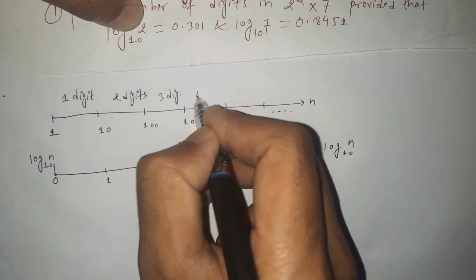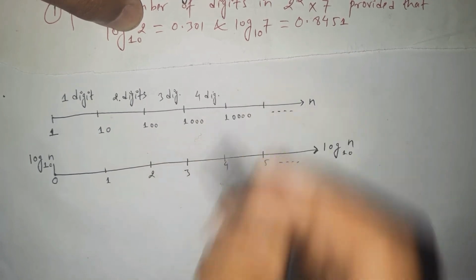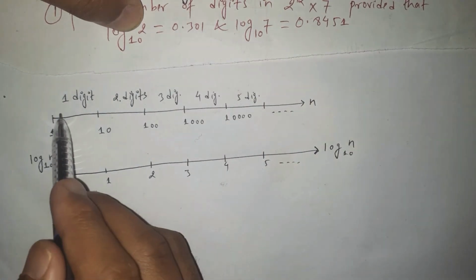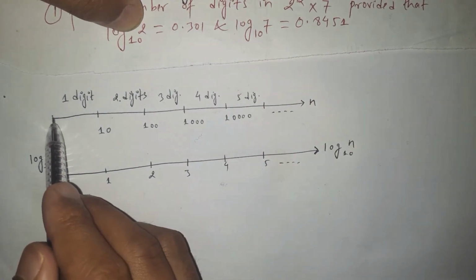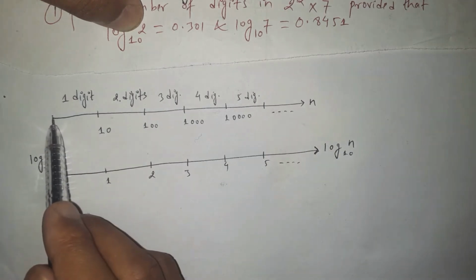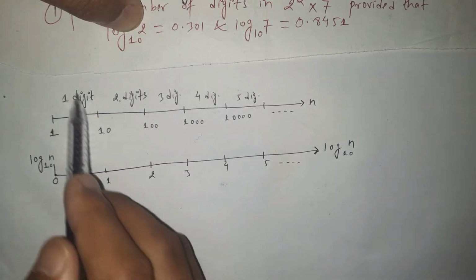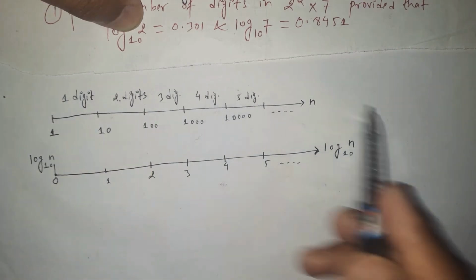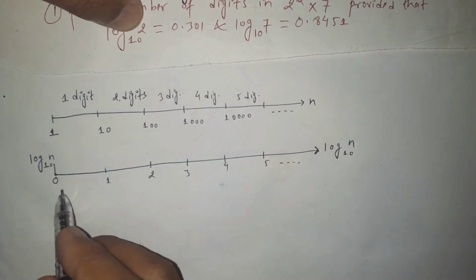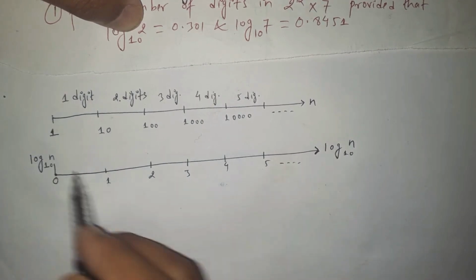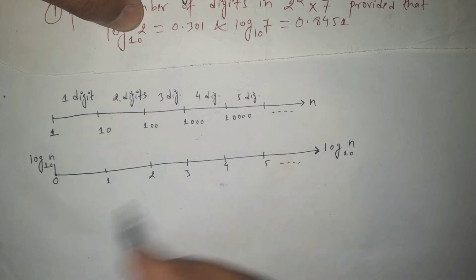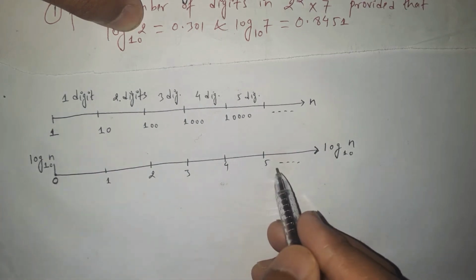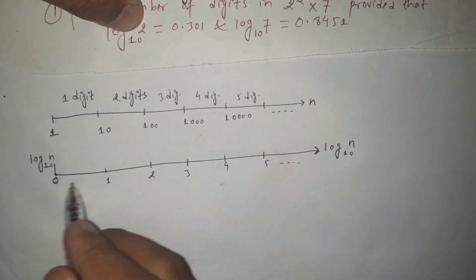And similarly, this is a four digit number, and so on. And if we take the logarithm on that scale, then the new scale is formed here, and these values are the logarithmic values: 0, 1, 2, 3, 4, 5 and so on.